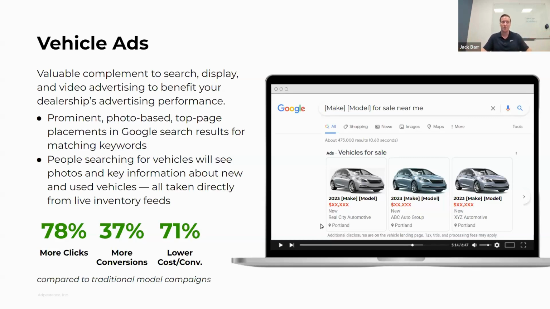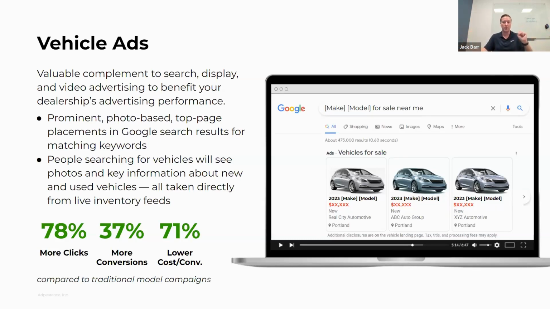And lower cost per conversion makes sense, right? They're able to look at all the different vehicles that are out there, but they only click on specific inventory that they care about, right? Maybe I don't care about the blue version of this vehicle. I don't want the blue car. So I'm going to pick the gray version. Well, that already eliminates a certain section of those vehicles that are going to be in there.